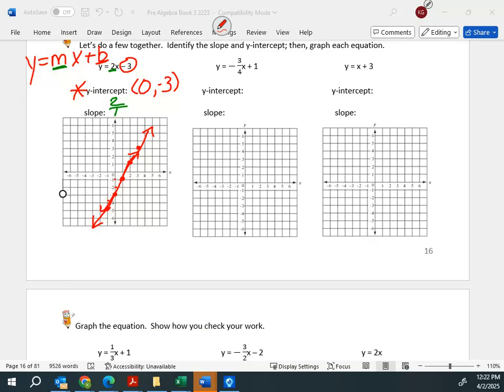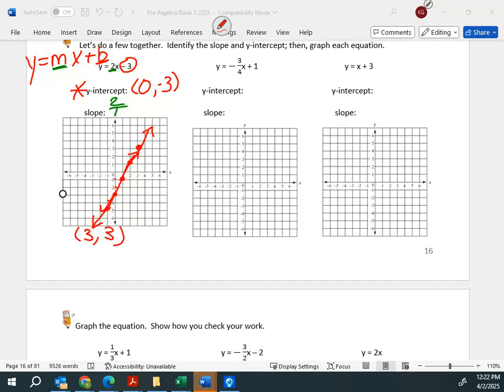Now, remember it said up above, if graphed correctly, any point on the line will work in the equation. Plug one in and check. So let's do this point. That point would be 3, 3.